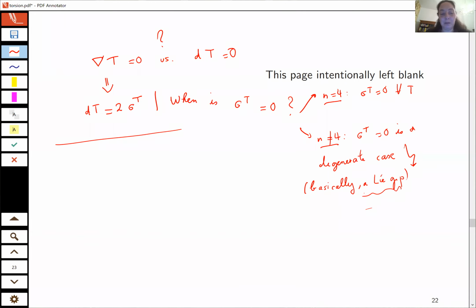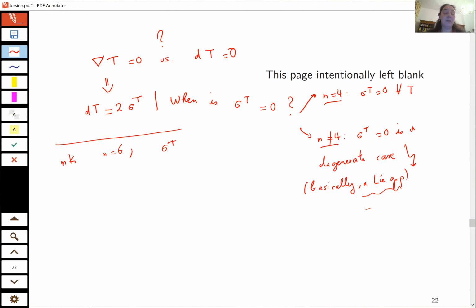So, for example, if you have a nearly Kähler manifold, then the dimension n is 6, and you look at sigma T. Sigma T is a 4-form.